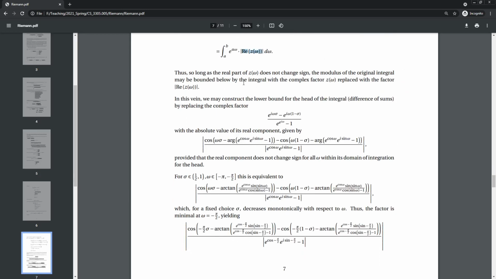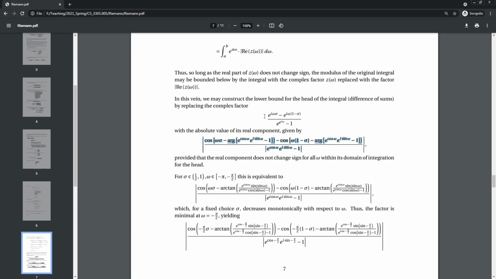So long as the real part of z omega doesn't change sign, the modulus of the original integral may be bounded below by the integral with the complex factor z of omega replaced with the absolute value of the real part of z of omega. In this vein, we may construct the lower bound for the head of the integral, our difference of sums, by replacing the complex factor, that monstrosity, which was a chord through the unit circle, and then a denominator which varies only with omega, with the absolute value of its real component, which is given by this.